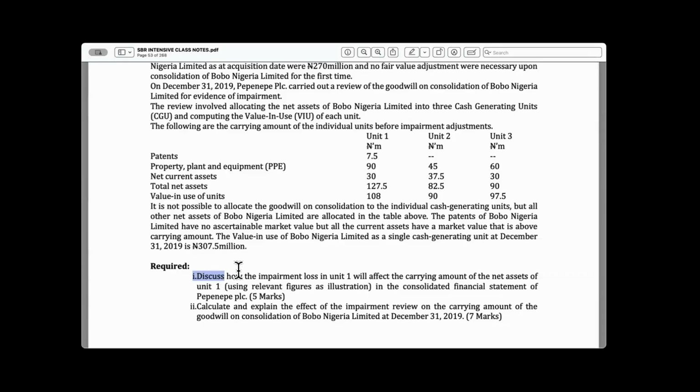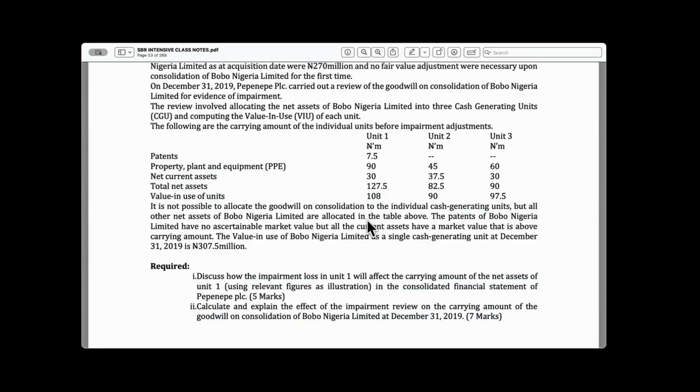So you tell them that the unit one impairment loss is calculated by comparing the value in use of 108 with the total net assets of 127.5, giving an impairment loss of 19.5.